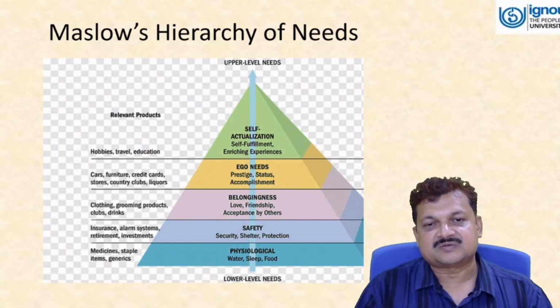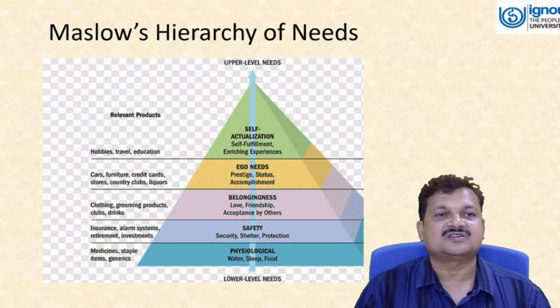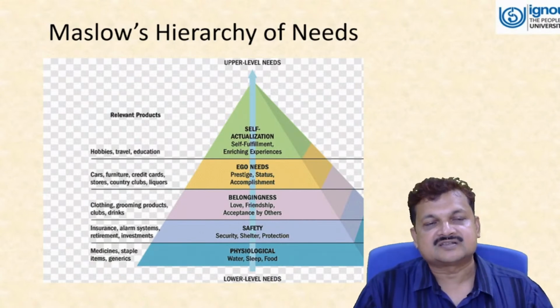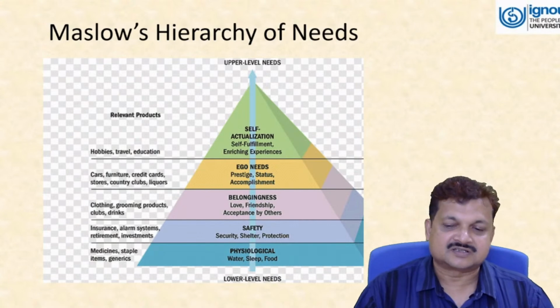When the second is satisfied, safety moves to belongingness, and when belonging is satisfied, next come the ego needs. Then when ego is satisfied, you go for self-actualization. But self-actualization is a never-ending need. The reason is that whenever you achieve a particular position, your attention turns to a still better position. That's why self-actualization is a never-ending need of each individual.